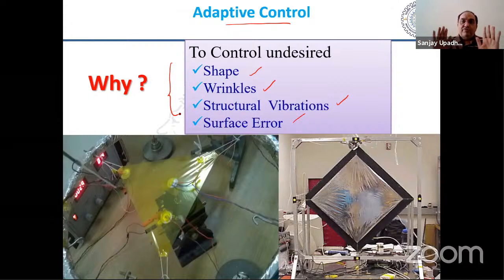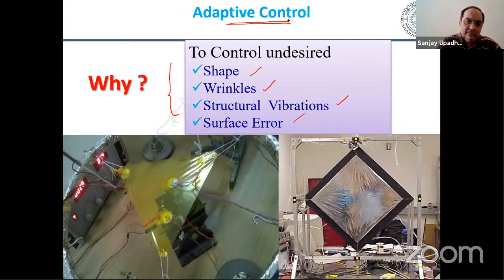In orbit, it will open and gain its shape and size. According to the environment, it will control its shape and control the wrinkles. This is known as adaptive control, and we have developed an adaptive control technique and filed patents.